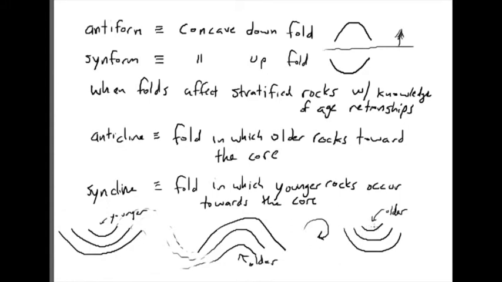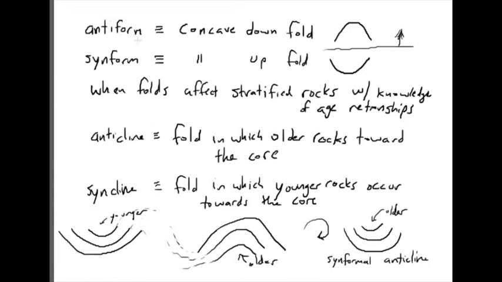The oldest rocks are in the core, so it's still an anticline, but it has a synform shape. So we call that a synformal anticline. We're not going to actually see those, but this is part of why we have this distinction between the forms, antiform and synform.